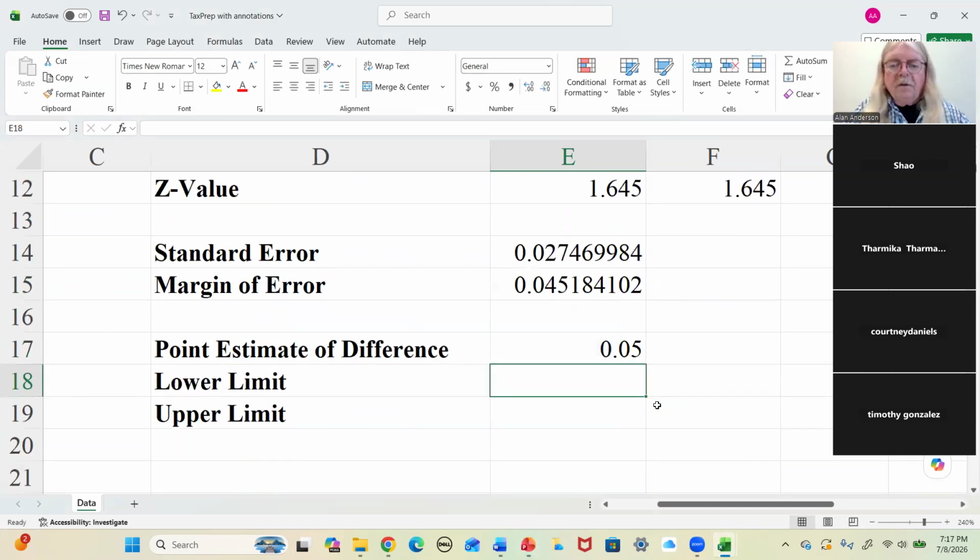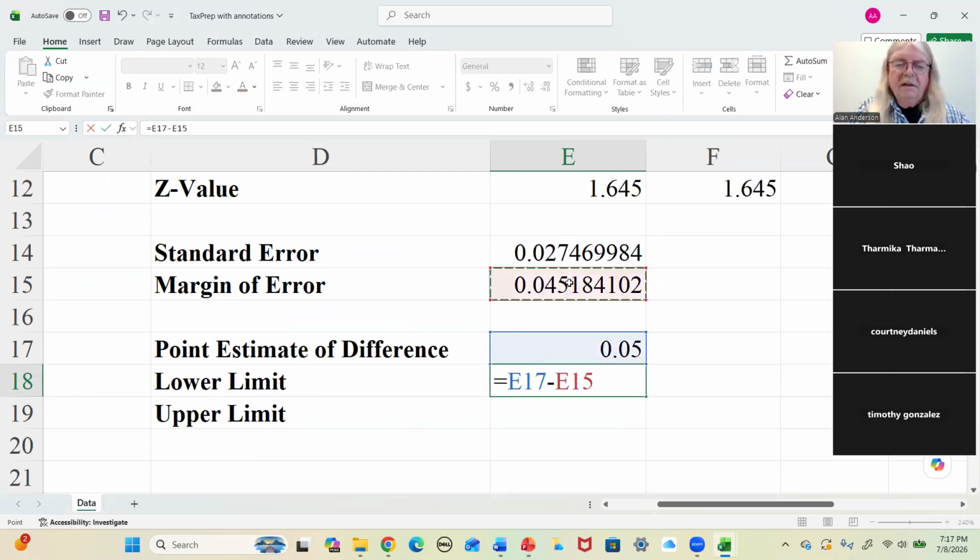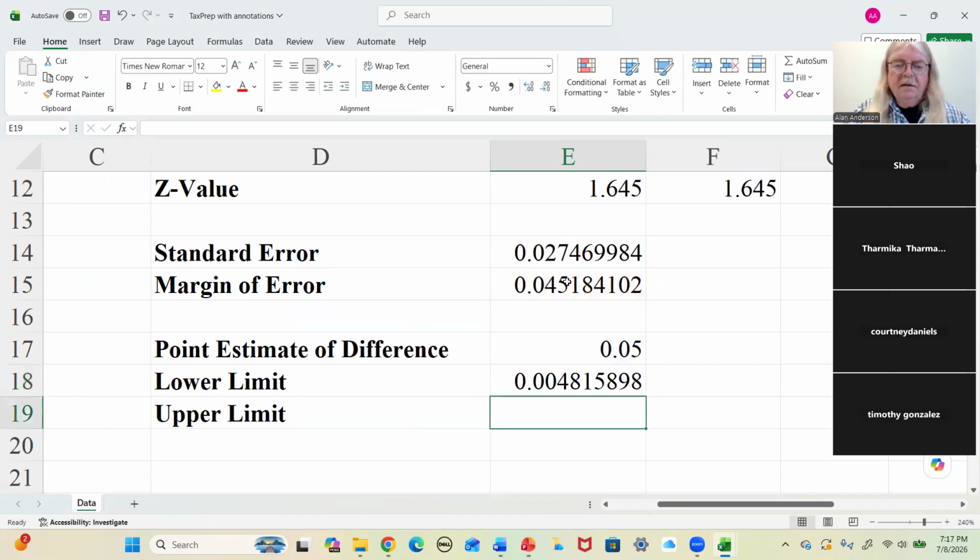And so now the lower limit is this point difference of the estimate minus the standard error. I'm sorry, the margin of error. And then here, it'll be this number plus.